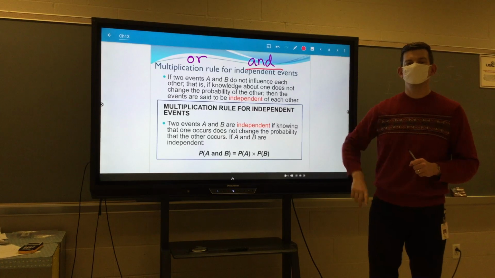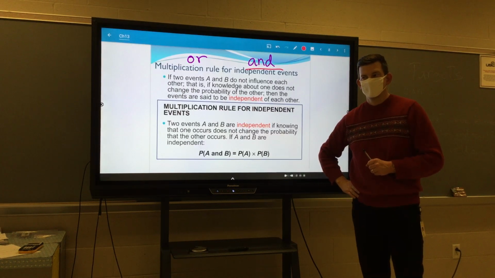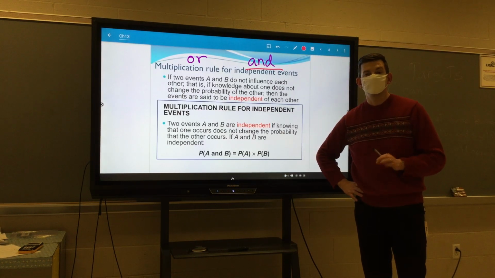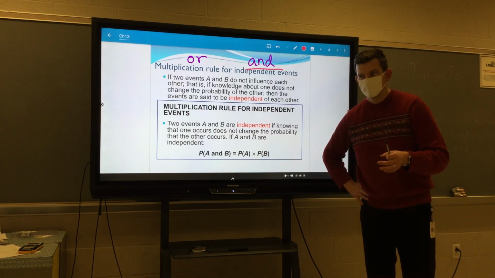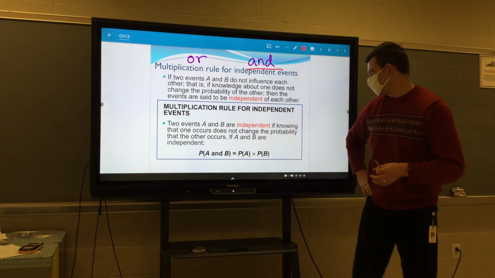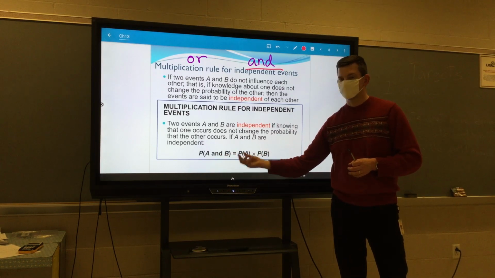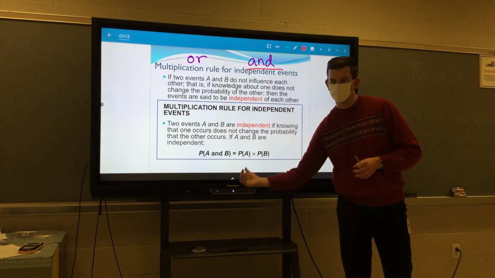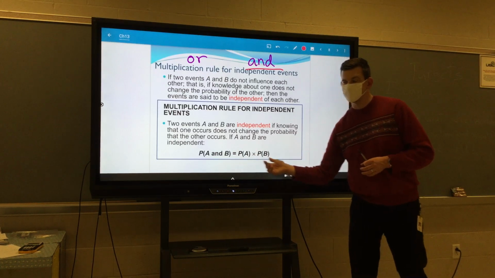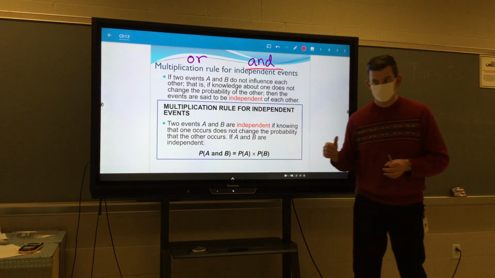But just like we saw with disjoint events, we had this rule for independence. What if they are dependent? What if the outcome is based off of A, but that A probability depends on what B is, or vice versa?